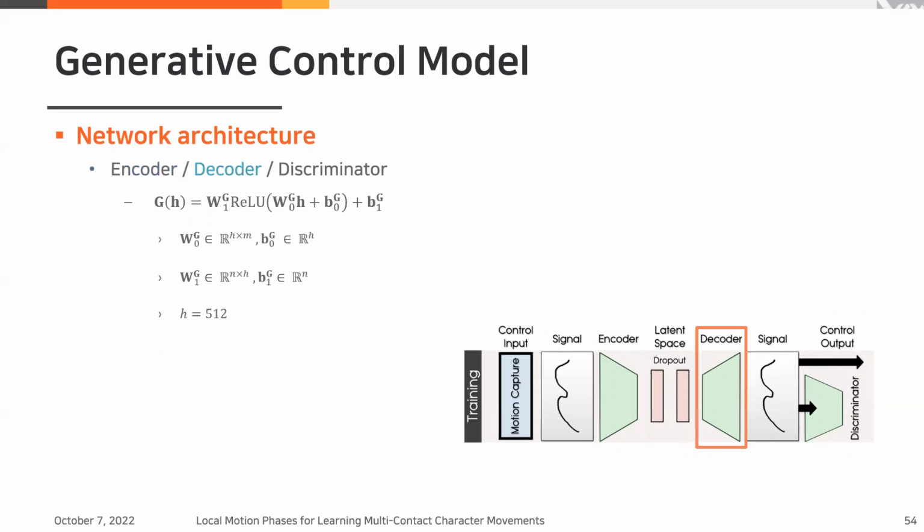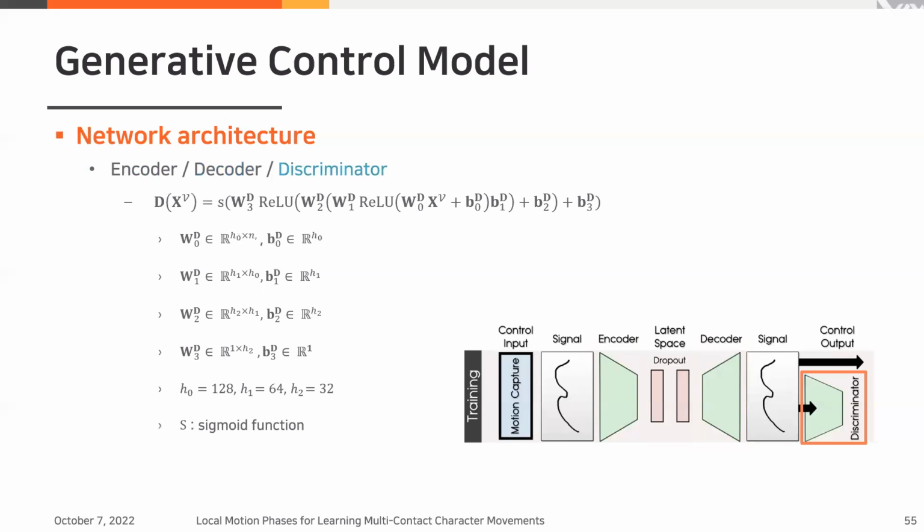Then the decoder also has 2 layers and reconstructs the control signal from the latent code. Finally, the discriminator distinguishes the generated control signal from the ground truth. At the last layer, the sigmoid function maps the output to be between 0 and 1.